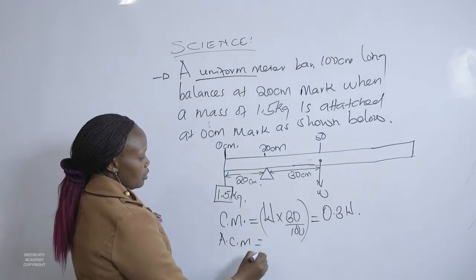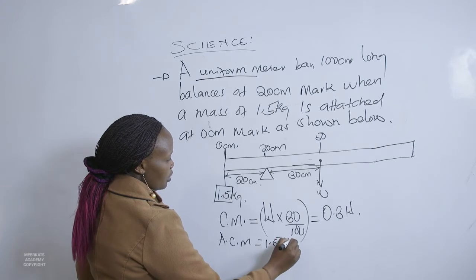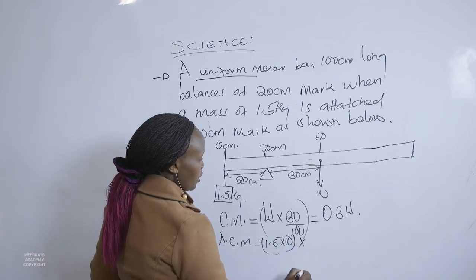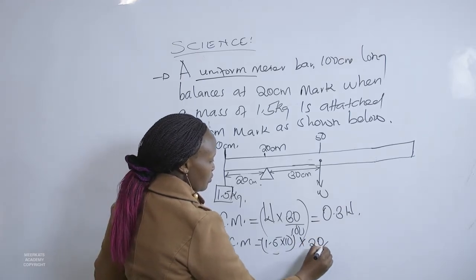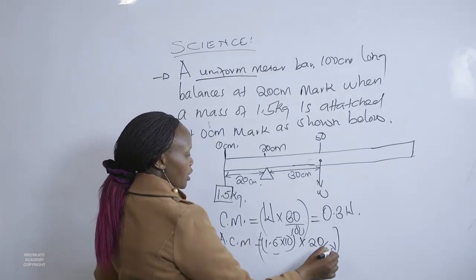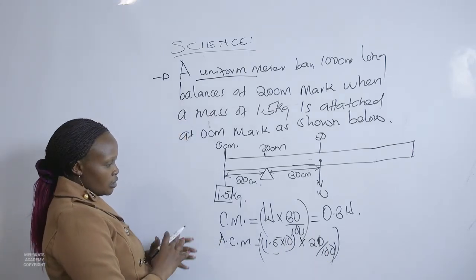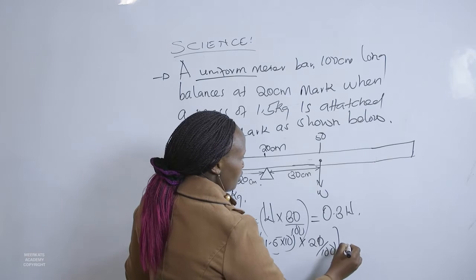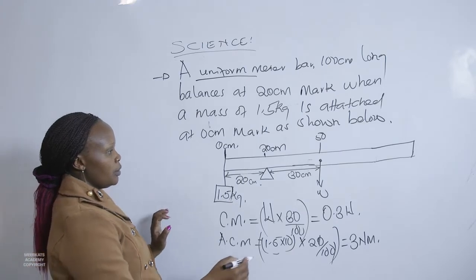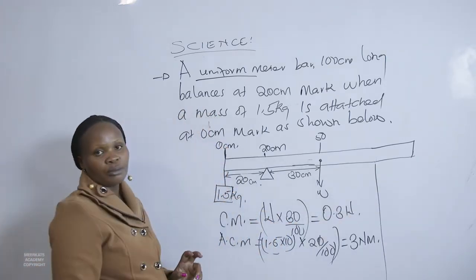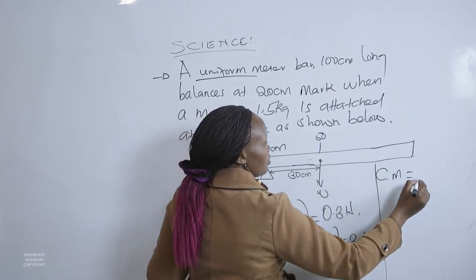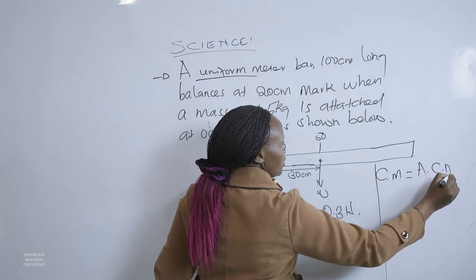Then anti-clockwise moment will be given by 1.5. We multiply this one by 10 to make it weight. Then we can multiply by our distance and find out what results from there. We will have 3 Newton meters. Then we can compare the moments and say clockwise moment should always be equal to the anti-clockwise moment.